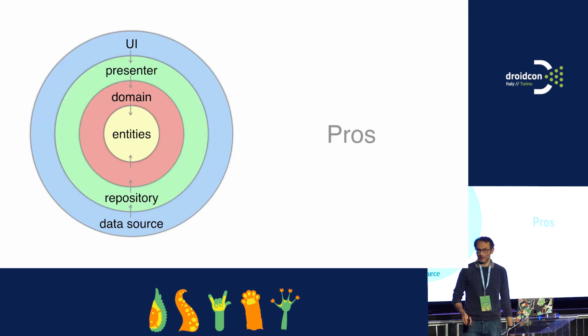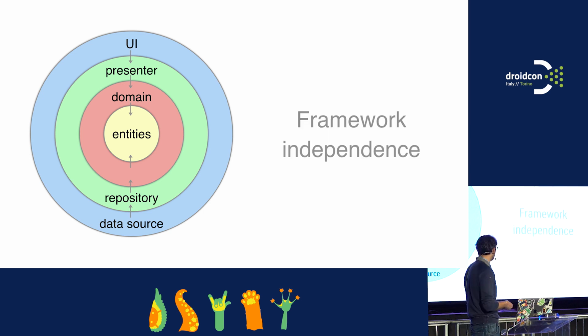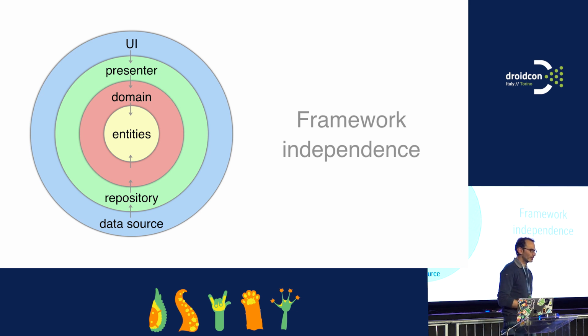So the pros of this architecture: the most obvious pro is the framework independence, because as we can see from the diagram, the framework, so the UI, for example, is in an external module. So if we want to use another UI framework, not in our case probably, we can just change the external layer.